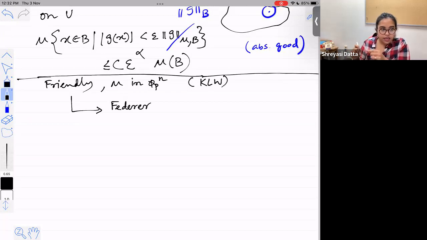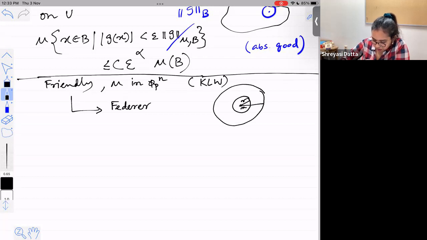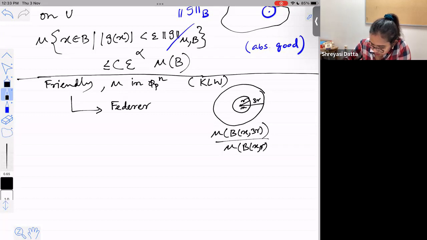So Federer means that if you take any ball centered at the support, let's say of radius r, and if you dilate it by any number, say 5 or 3, then the volume of that bigger ball and the volume of the smaller ball must not grow wildly, it must grow uniformly. So if I take this as 3r, then mu of B(x, 3r) divided by mu of B(x, r) must be less than some D. And if you change 3, then D can change, but for all r, you should have the same D.